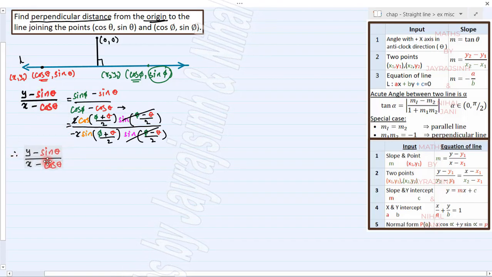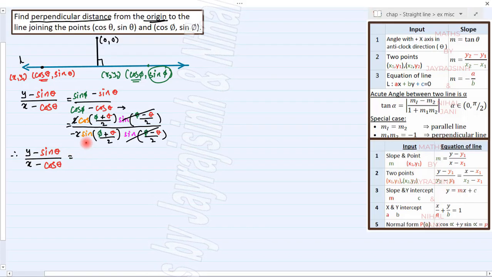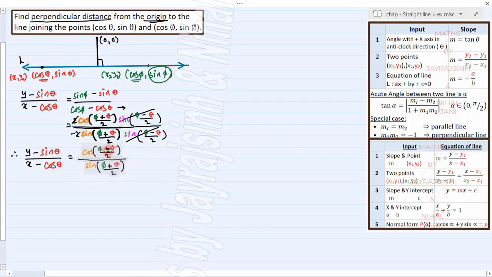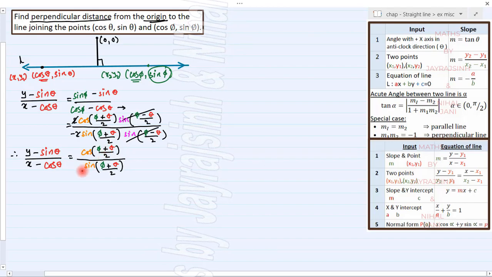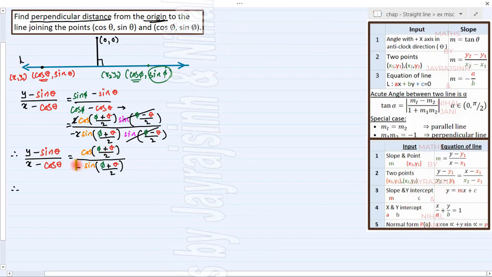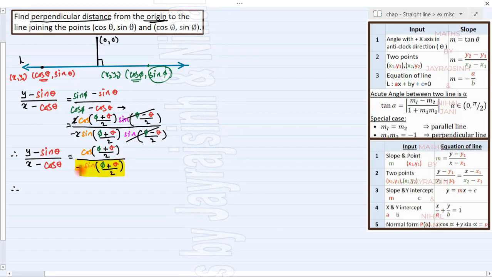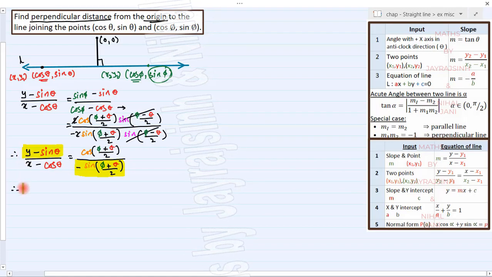We will get (y − sin θ)/(x − cos θ) = cos((π+θ)/2) / (−sin((π+θ)/2)). Now for further simplification, we cross multiply: −sin((π+θ)/2) multiplied with (y − sin θ).